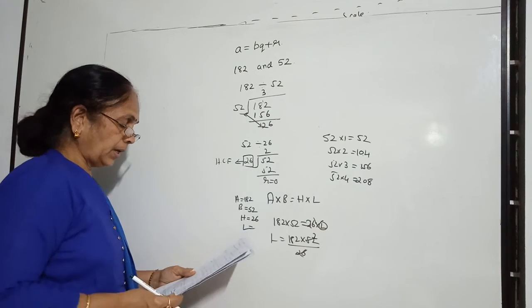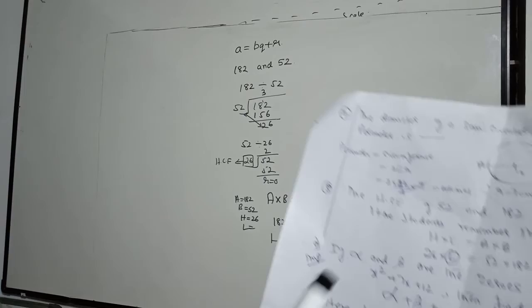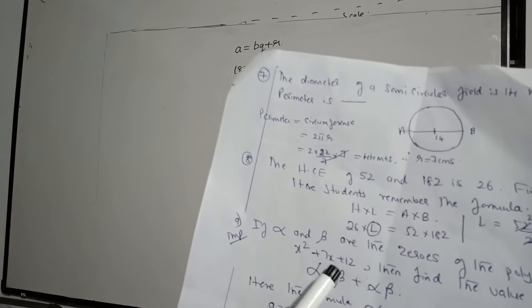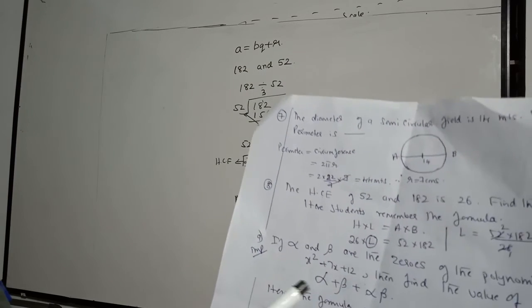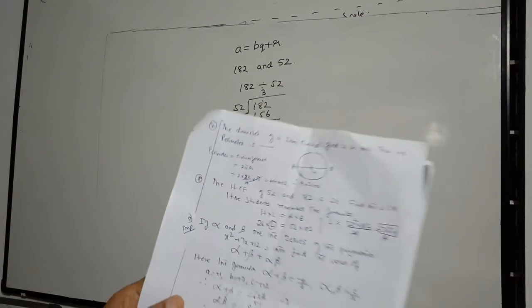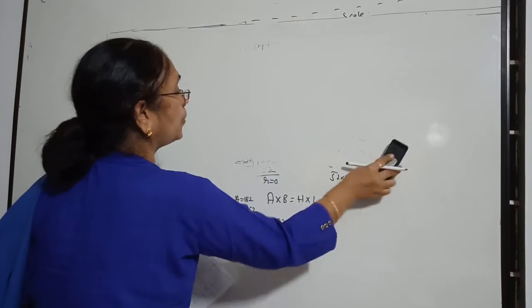This is the way. Now, one more important thing is, if alpha and beta are the zeros of the polynomial, then find the value of alpha plus beta plus alpha beta. Or they can ask you x square plus 7x plus 12. Suppose the sum is given like this, find out alpha plus beta, that is sum of the roots. Alpha beta is the product of the roots.